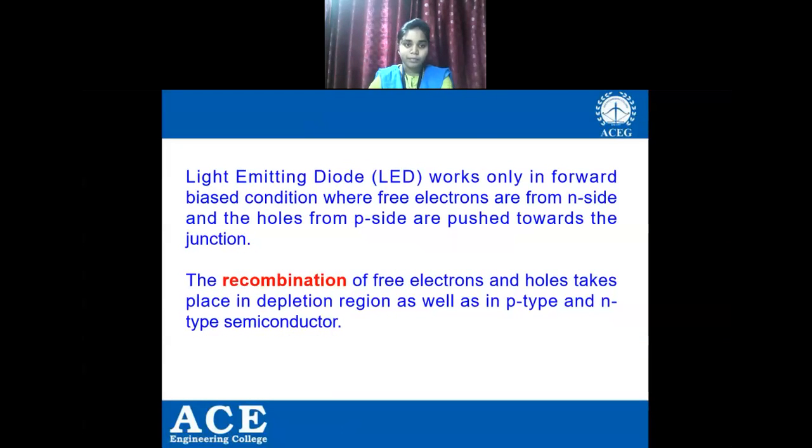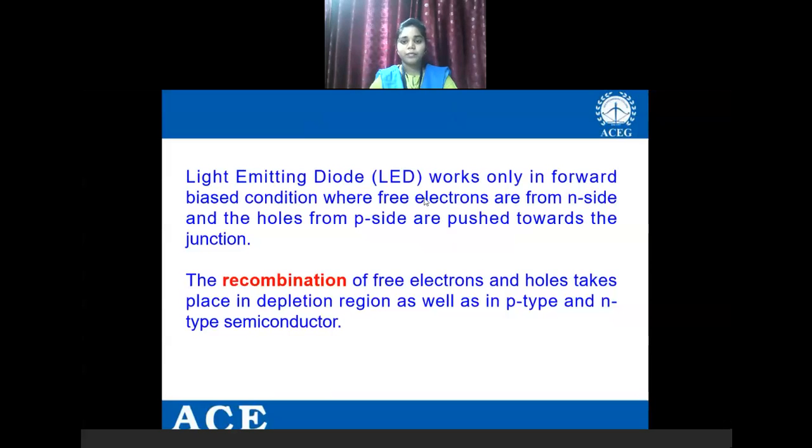Here we can see the light emitting diode, LED, works only in forward bias condition, where free electrons from the N side and holes from the P side are pushed towards the junction. Right? The recombination of free electrons and holes takes place in the depletion region as well as in the P-type and N-type semiconductor, right? Now let us move on to the next slide.